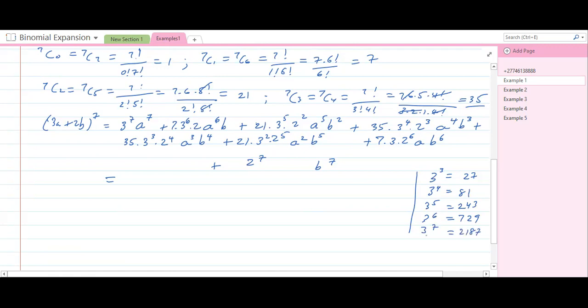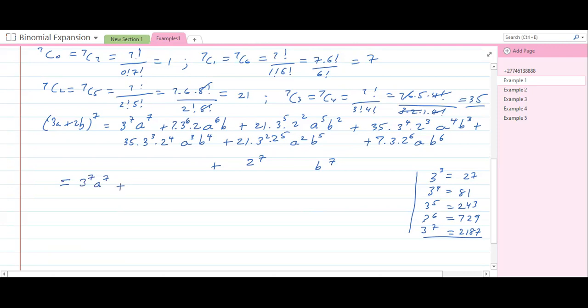So guys, I think we don't need to go that far. We can just write down these answers here. So let us just simplify as far as possible. So what we can write is 3 to the power 7 a to the power 7 plus 7 times 3 to the power 6 times 2.